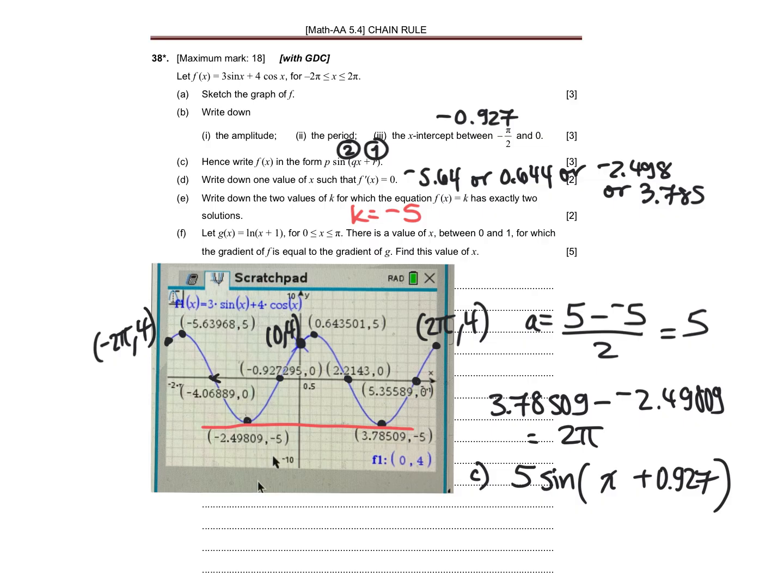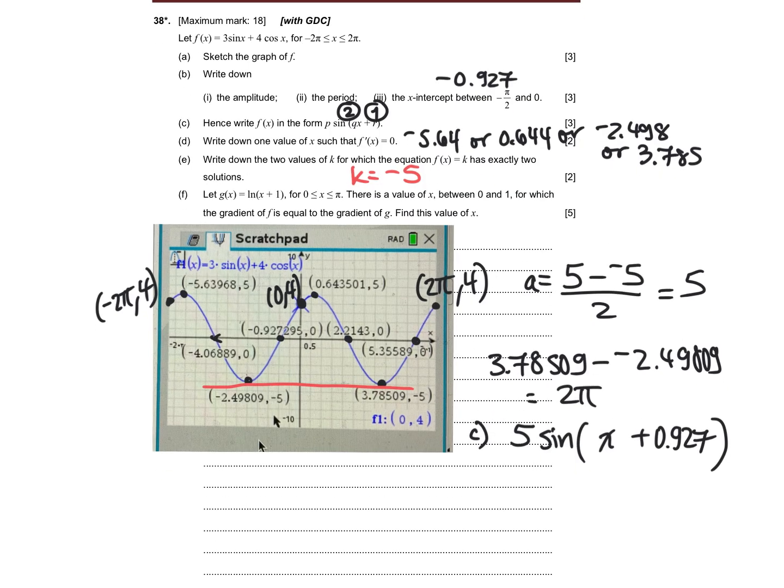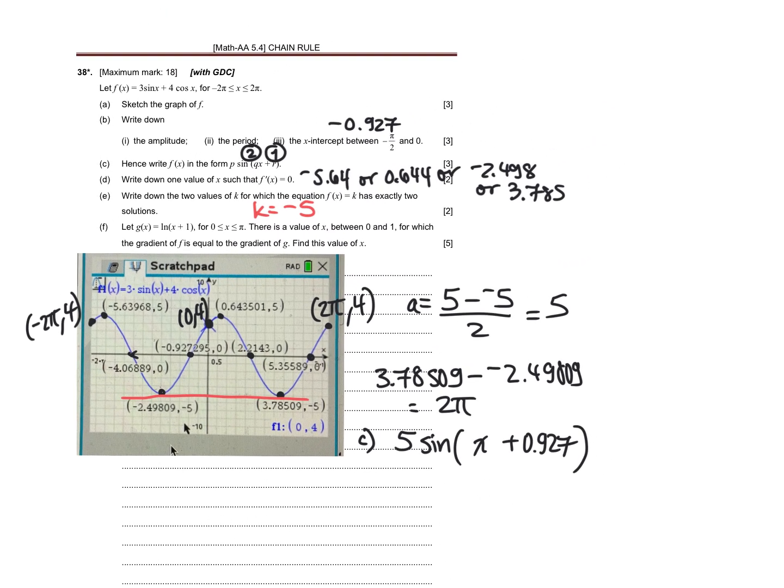So, let g equal that. There's a value of x between 0 and 1 for which the gradient of f is equal to the gradient of g. Find this value of x. So you guys can do this by hand. And I will show you another way in the calculator. So let's see. So g derivative is 1 over x plus 1.